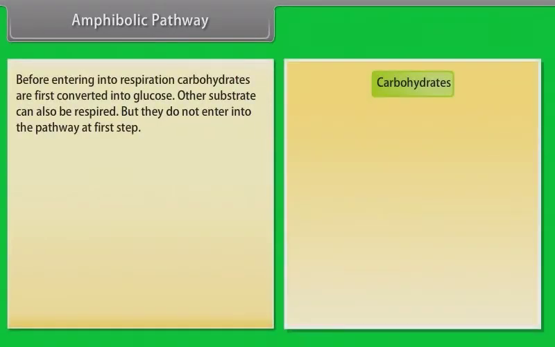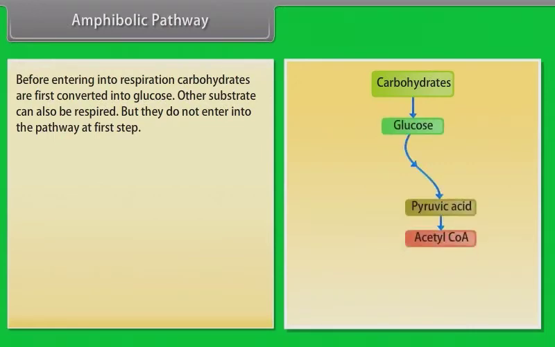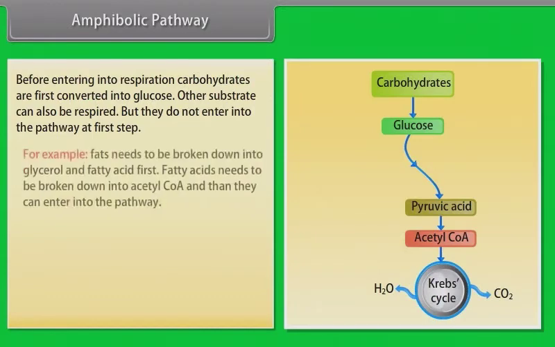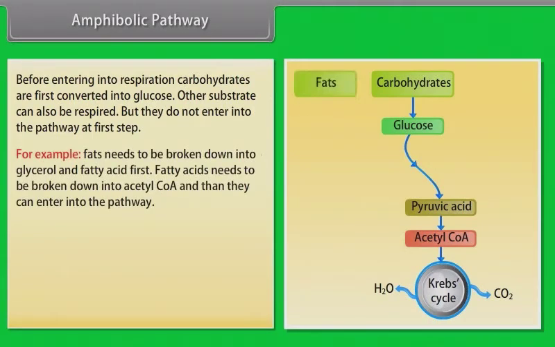Amphibolic pathway. Generally, carbohydrates are used as substrates for respiration. Before entering into respiration, carbohydrates are first converted into glucose. Other substrates can also be respired, but they do not enter the pathway at the first step. For example, fats need to be broken down into glycerol and fatty acids first. Fatty acids need to be broken down into acetyl CoA, and then they can enter the pathway.